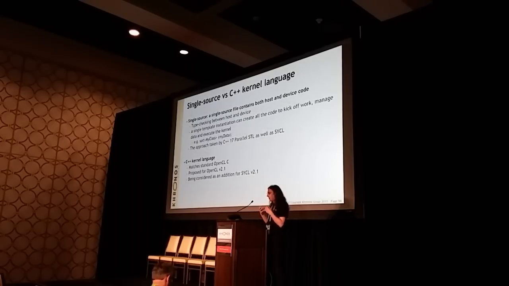So, I've alluded to what we mean by single source, but to expand upon it, by putting all of your code into a file that is parsed on the host and the device code compiled twice, there are a number of advantages. It means you get strong type checking between the code you're going to build on the host and what you're compiling for the device.